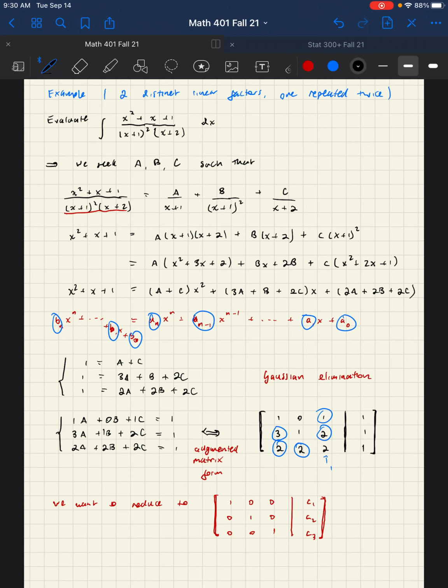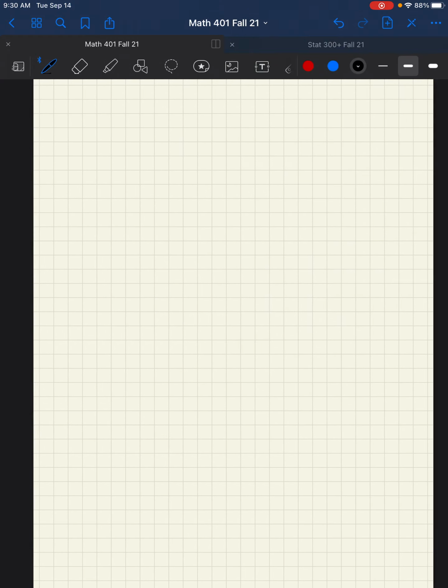So, but we'll go slowly. By the way, because you're not being held responsible for this, you are free to skip through this part if you're not interested in seeing this technique. Just use whatever technique you want to use to solve this linear system. Make sure that it's a technique that you can use over and over again, right?